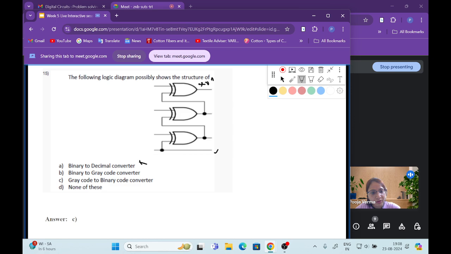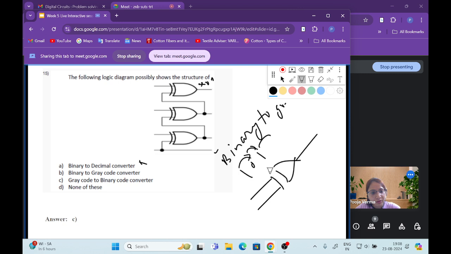Now we have to check whether it is a binary to gray code conversion or a gray to binary conversion. In binary to gray conversion, we XOR between the inputs.